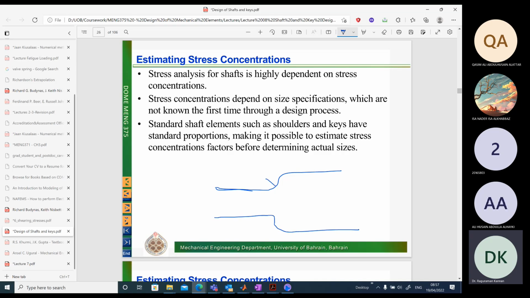We will have a fillet radius R. Usually we will have a small d and a capital D. So this is a simple shaft where we have a single shoulder. In reality, we will have shafts with many steps, and we will have many diameters to figure out. But let's take the simple case. We do not know small d, we do not know capital D, we do not know R.